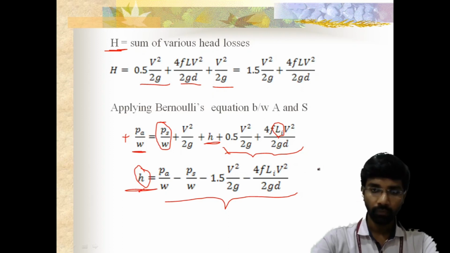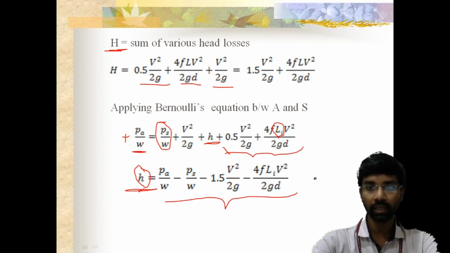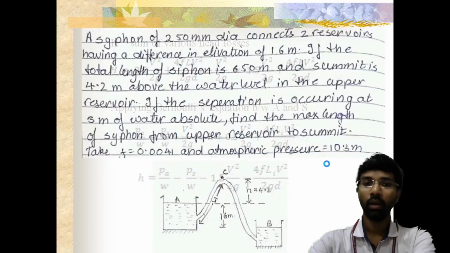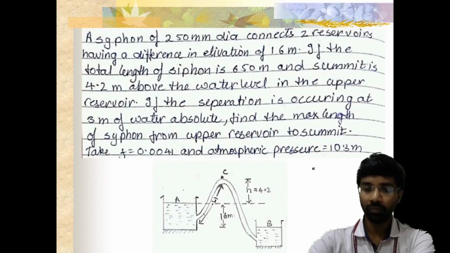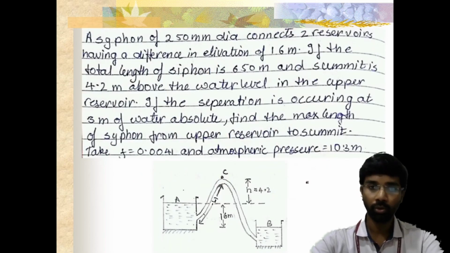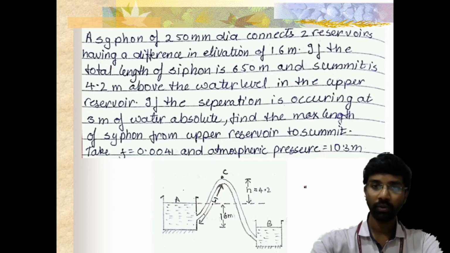Because vacuum pressure will go high. Obviously, whatever air bubbles are in the fluid will be sucked to the top position, that is nothing but at summit, and then cavitation will be formed, nothing but air bubbles will form, then they'll separate the flow, right?